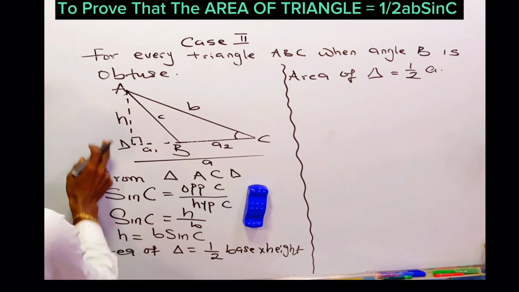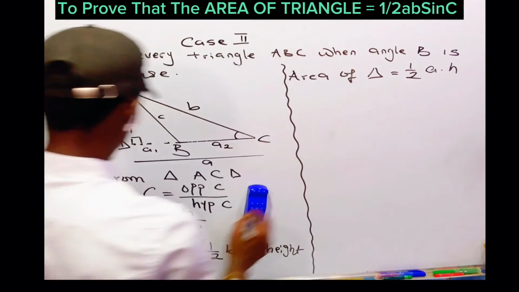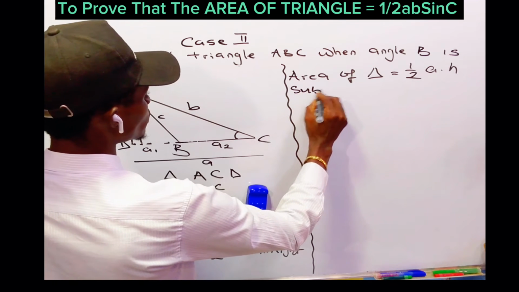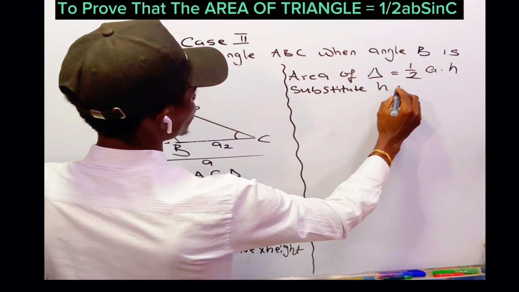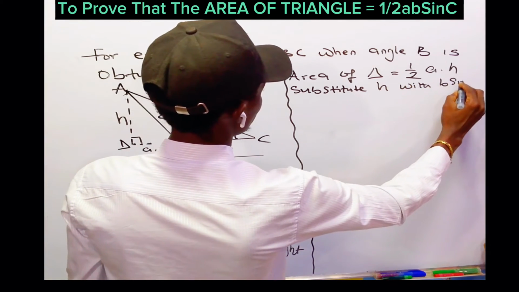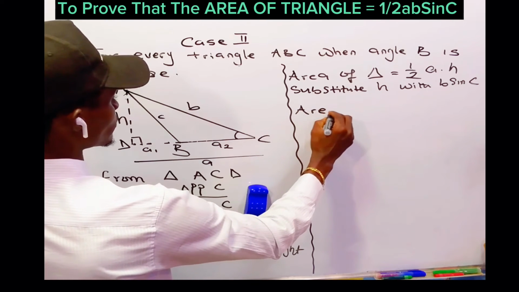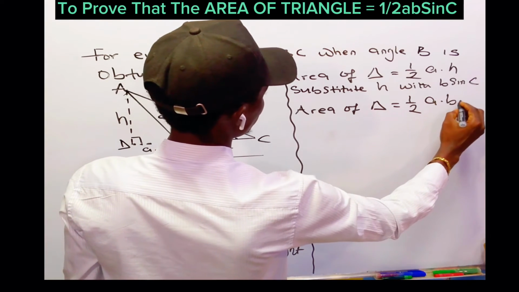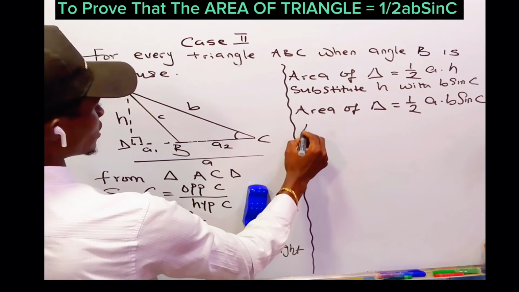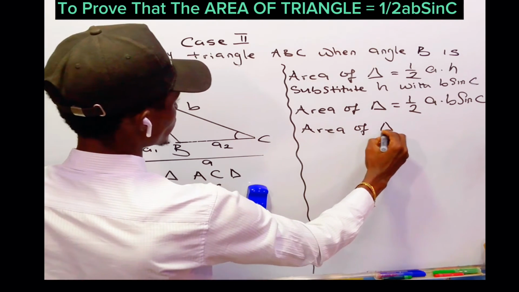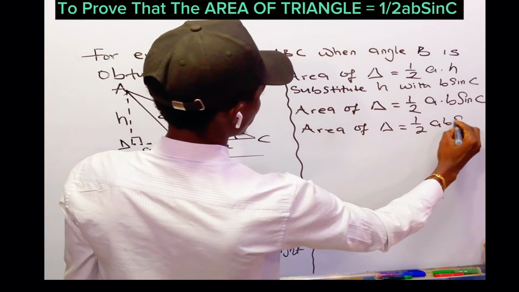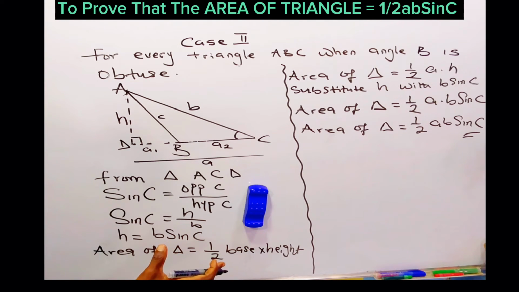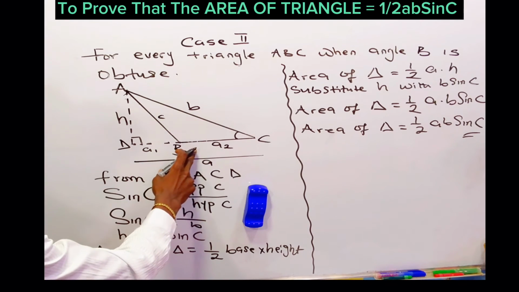Which is the altitude, H. Now, we have our value for H to be equal to B sine C. So, let's substitute H with B sine C. That makes our area of triangle 1 over 2 A times B sine C. Hence, our area of triangle will now be 1 over 2 AB sine C. This is how to prove the area of triangle when our angle B is obtuse.